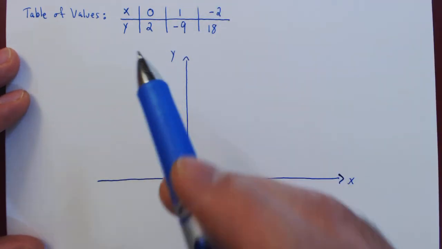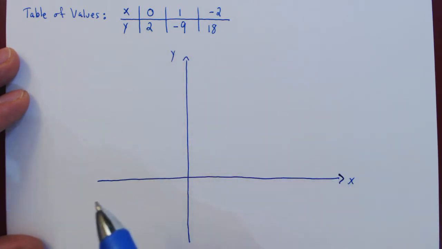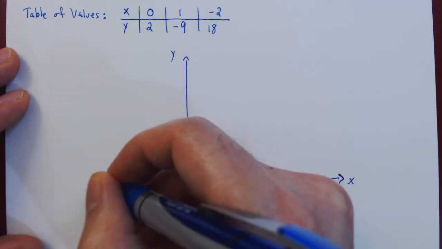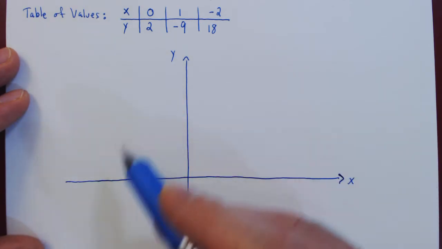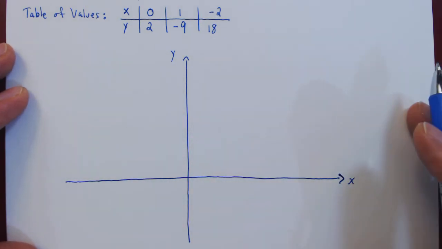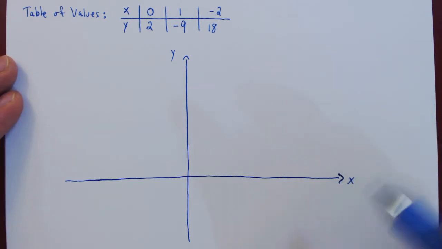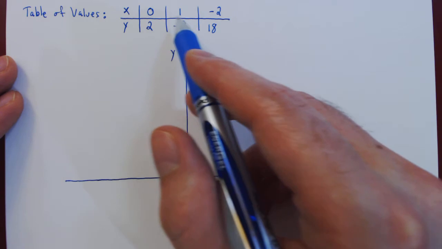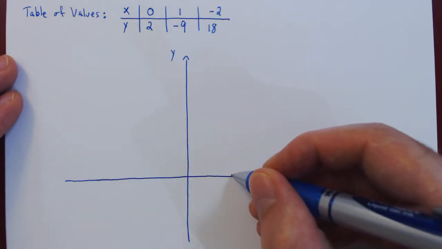And as there's a pretty big difference in the range of x values and in the range of y values, we will use different scales for the x and the y axis. So of course this means that we will have a slightly distorted picture of the function, but it will still be fairly decent. So on the x-axis, we have a range between negative 2 and 1, so we will go in steps of 1.